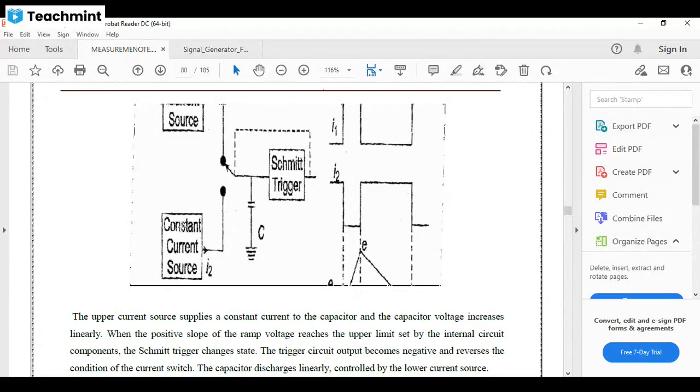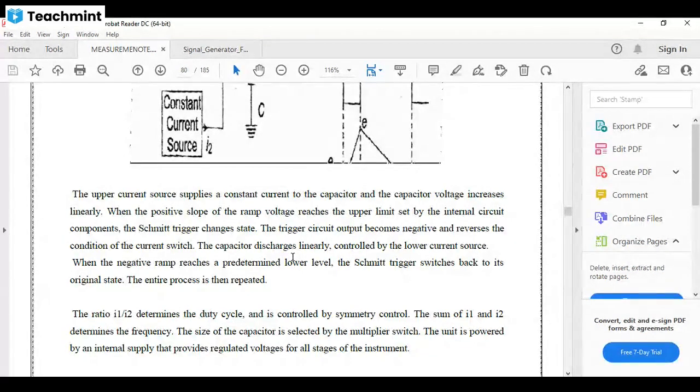The trigger circuit output becomes negative, and the current switch reverses direction. Previously the capacitor was charging, and now the capacitor discharges linearly, controlled by the lower current source.